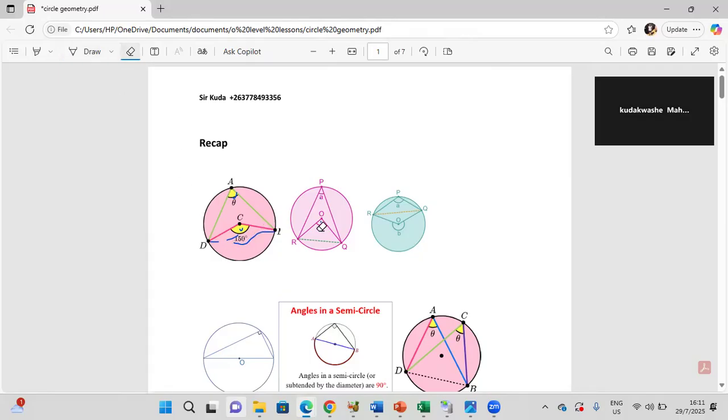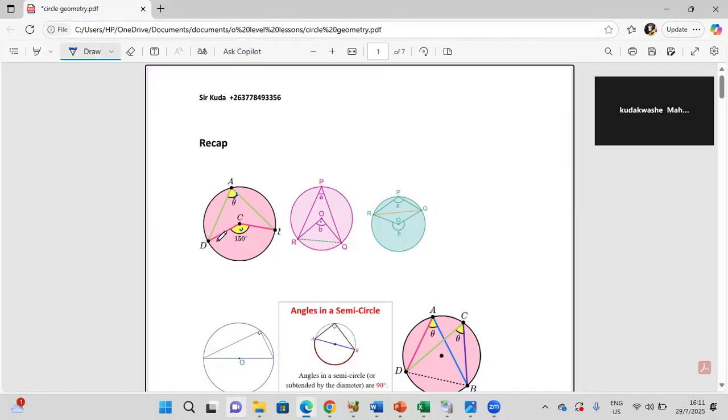Fortunately, I'm failing to draw a straight line there, but if we come up with a straight line connecting B and D, there will be triangles. So we have the first triangle, which is going to the circumference, and we have the other triangle going to the center.